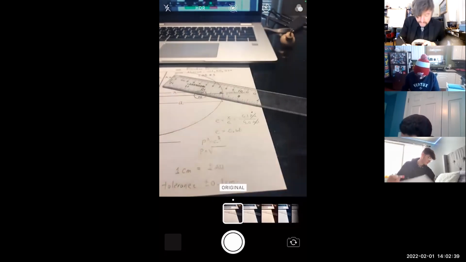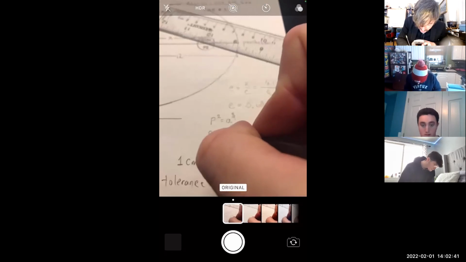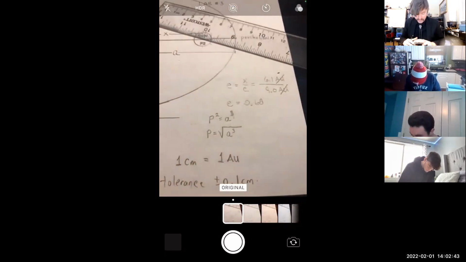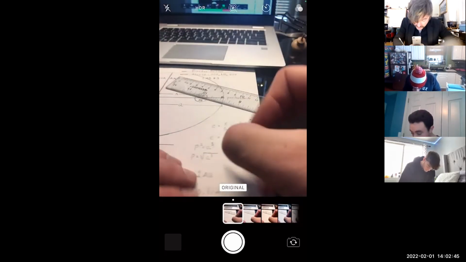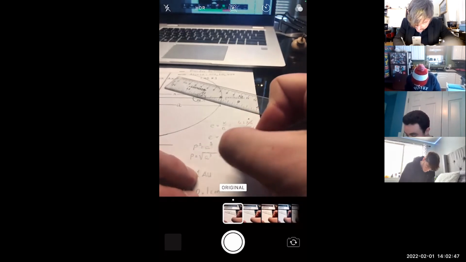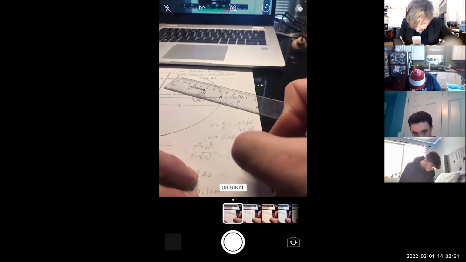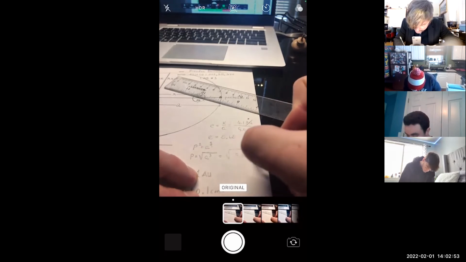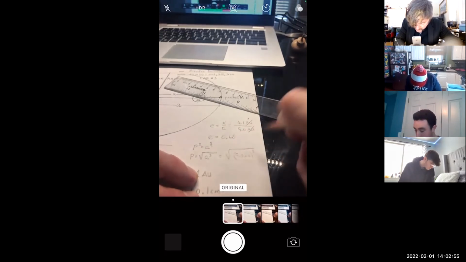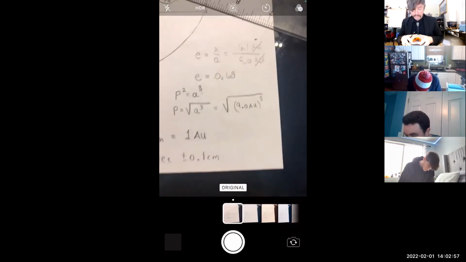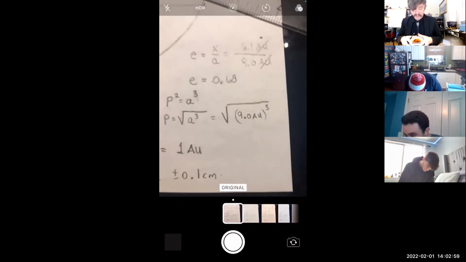So p is the square root of a cubed. And now I'll actually substitute in my values. P is the square root of 9.0 AU cubed. And I'm going to do this all in one clean, crispy shot. 9.0.